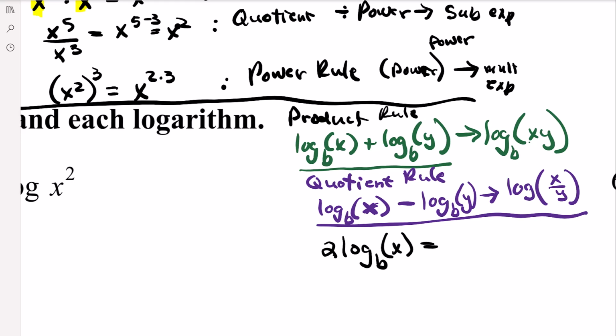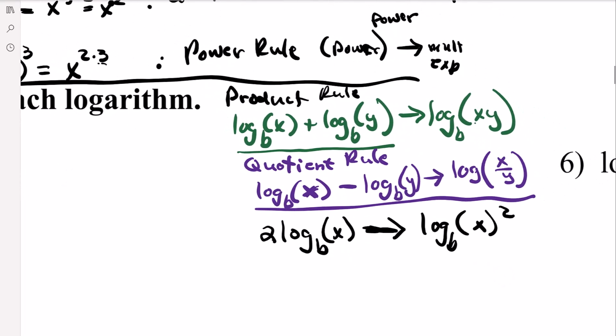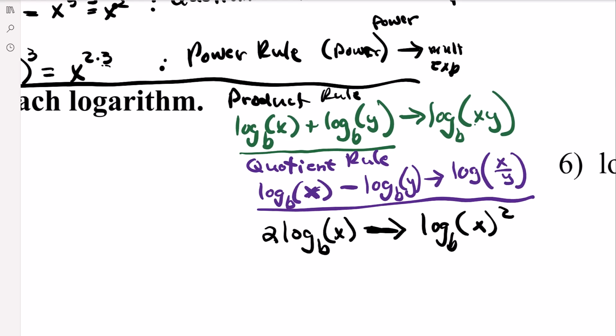So here, when you have a power raised to a power, the exponents multiply. Here, when you multiply a log, we can rewrite that as that log being raised to a power. Those are some good rules, and this is called the power rule.